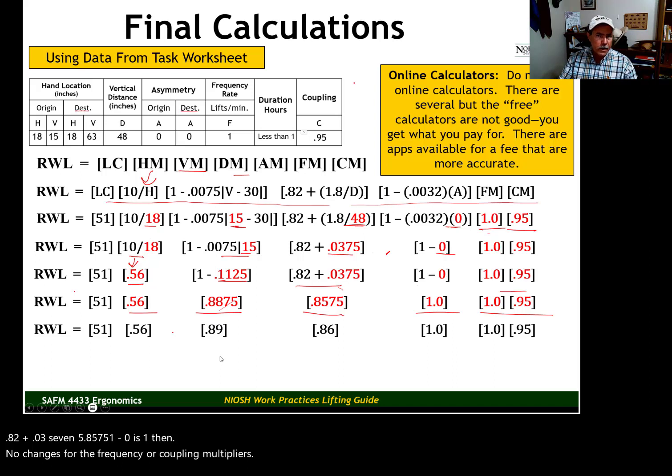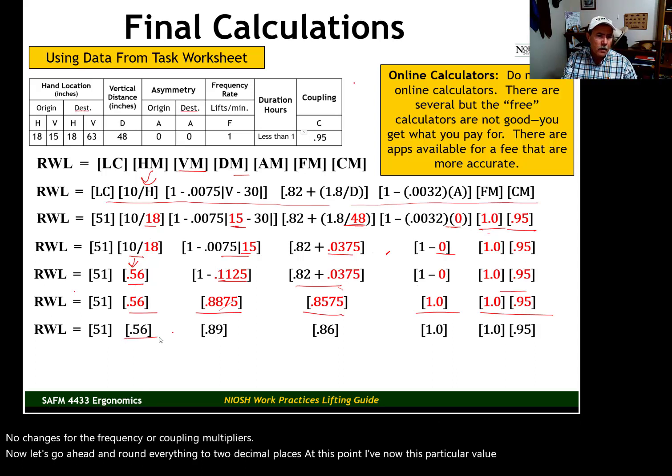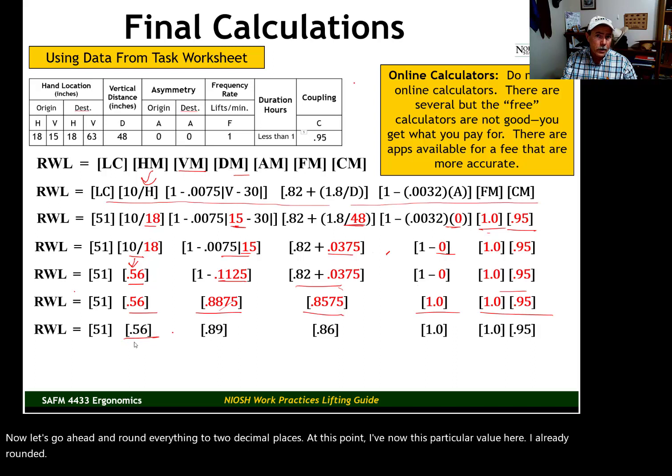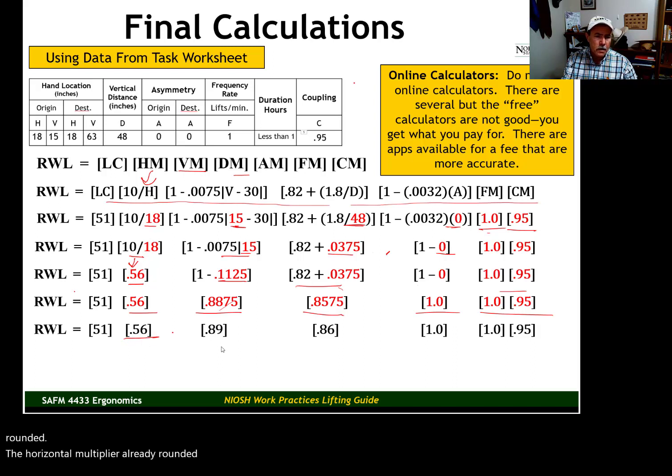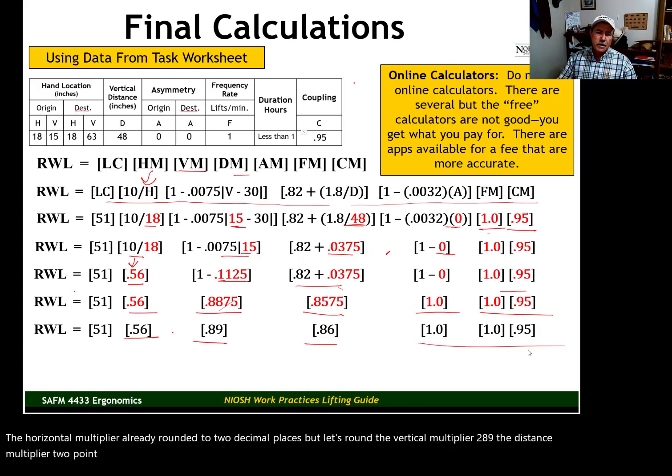Now let's go ahead and round everything to 2 decimal places. At this point, the horizontal multiplier was already rounded to 2 decimal places. But let's round the vertical multiplier to 0.89, the distance multiplier to 0.86, everything else is the same.